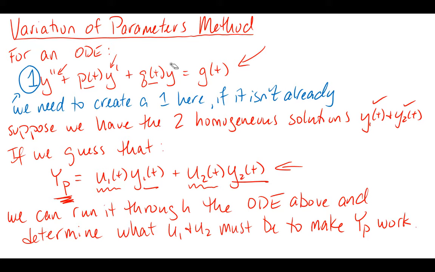We do this for undetermined coefficients. But oh dear, I would have to take this and drop that in for y, take the first derivative, drop it in for y prime, and take the second derivative and drop it in for y double prime. This is a hot mess of stuff.